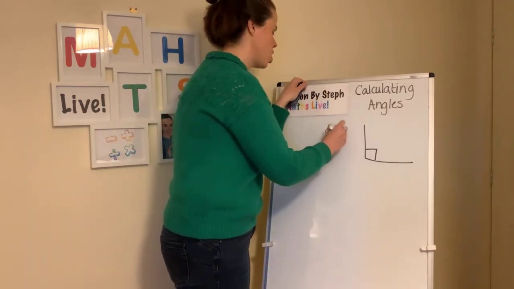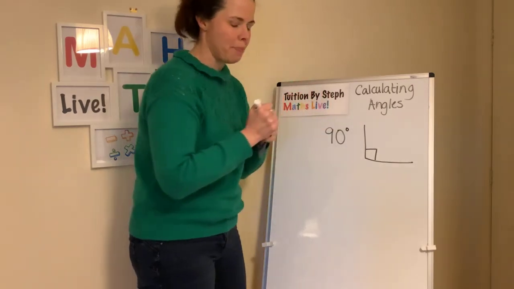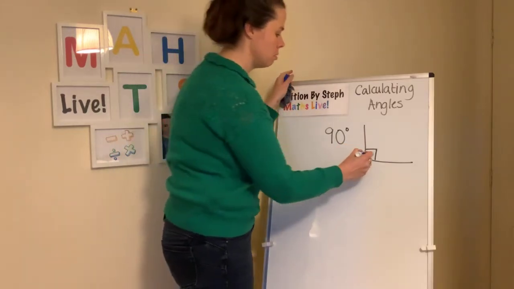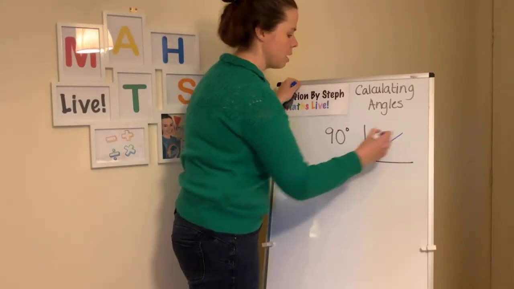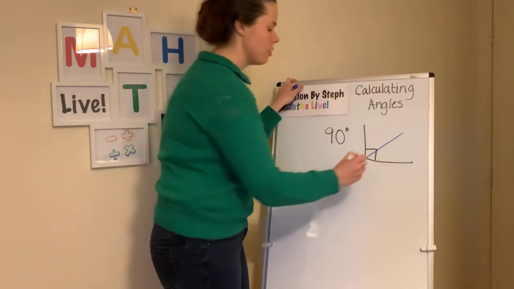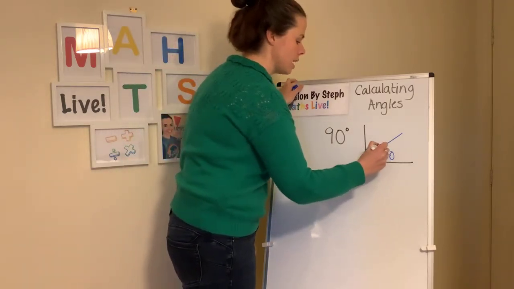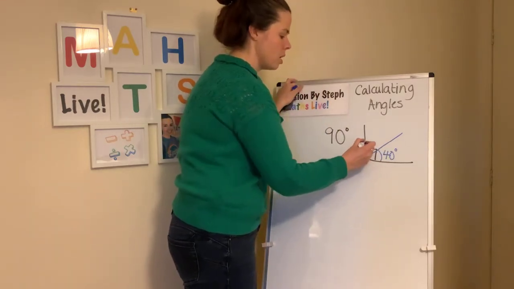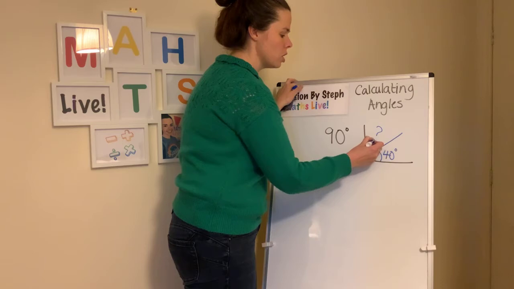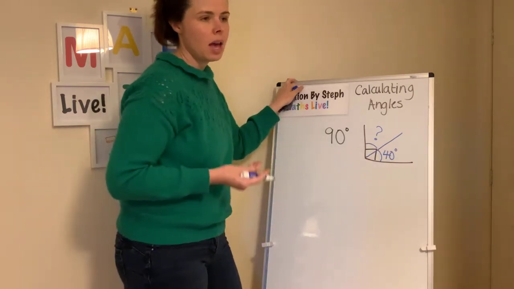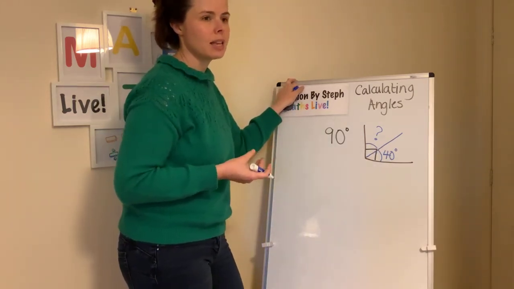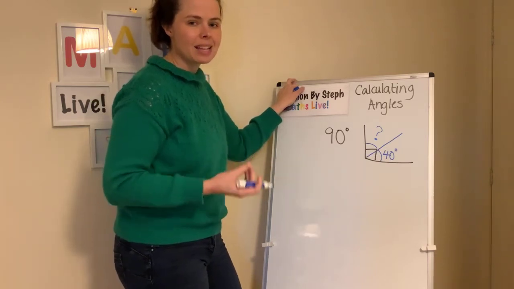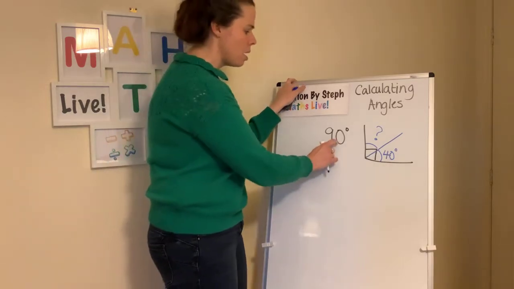So what happens now that it's been split? If I told you that one of the two angles is 40 degrees, what would the other angle be? Another way to think of it is, what do you add to 40 to make 90?